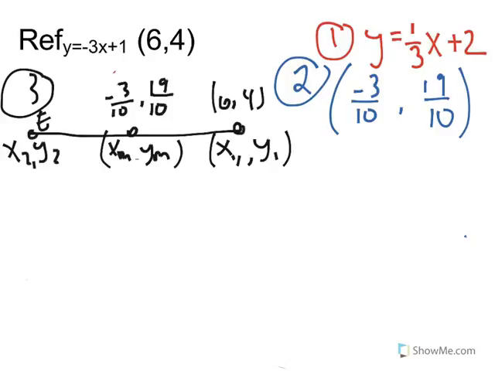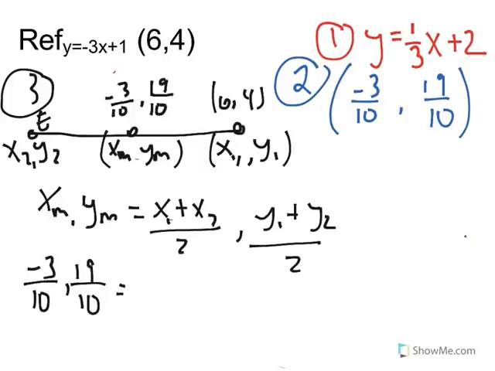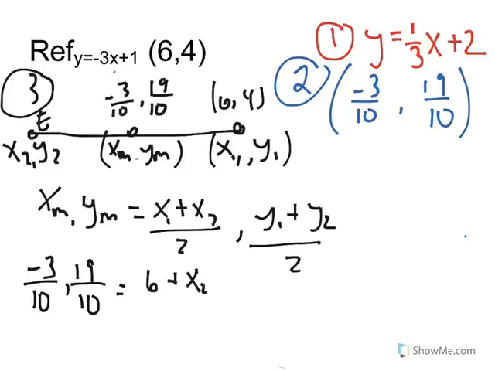So we're going to use the midpoint formula. xm, comma ym is going to equal x1 plus x2 divided by 2, comma y1 plus y2 divided by 2, and plug in the values that we have so far. So negative 3 over 10, comma 19 over 10 has to equal (6 plus x2) over 2, comma (4 plus y2) over 2.